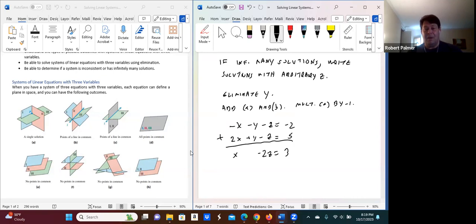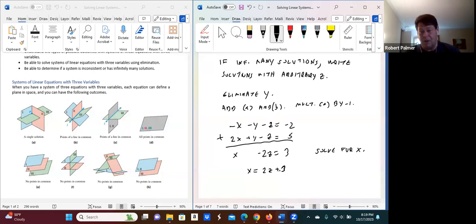Now, since we have two equations, we can't add two other equations like we did in the previous example. Since I want z to be my arbitrary variable, I want to solve this for x. It's easy to do: add 2z to both sides. x is 2z plus 3.